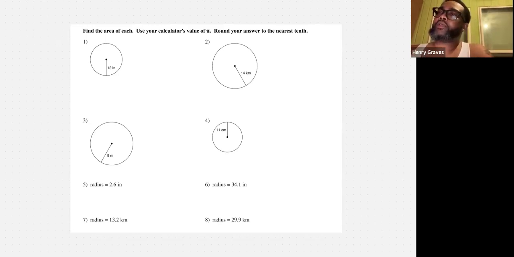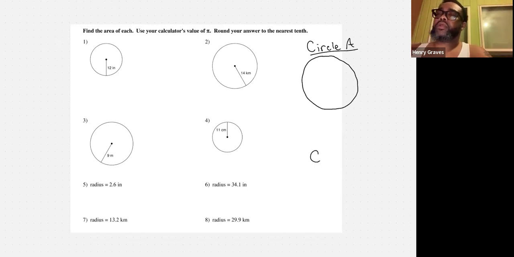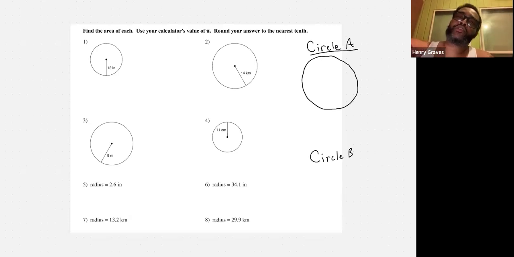I'm just going to make them the same color. It doesn't hurt. So I'm going to have this one here, I'll call circle A, and I'll call this one here circle B. Now, on circle A, I'm going to use two of my favorite colors.